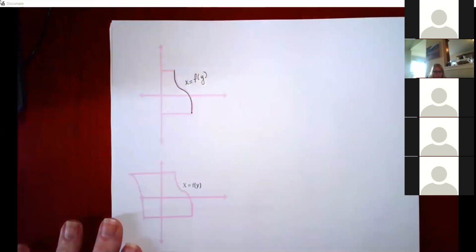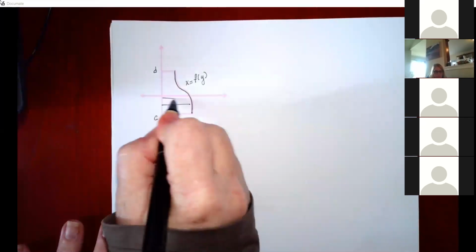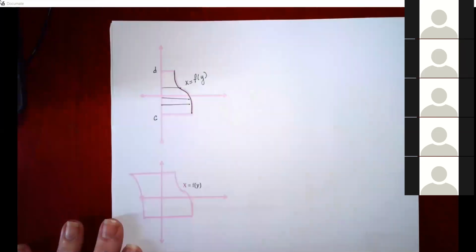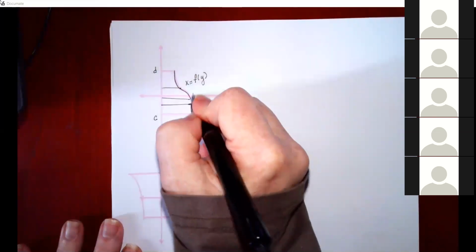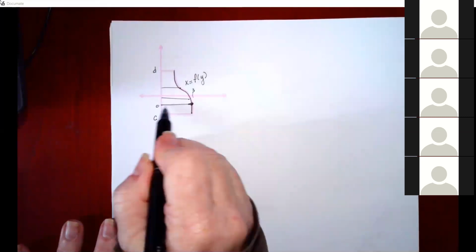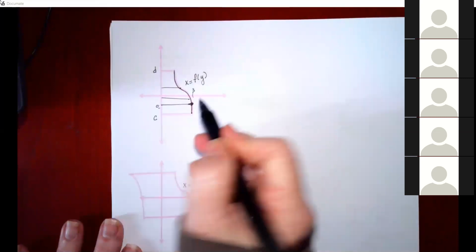It's just as possible to look at adding up horizontal rectangles rather than vertical rectangles. So for example, if this was x equals 3 and this was 0, then the length of that rectangle would be 3 minus 0, or 3.